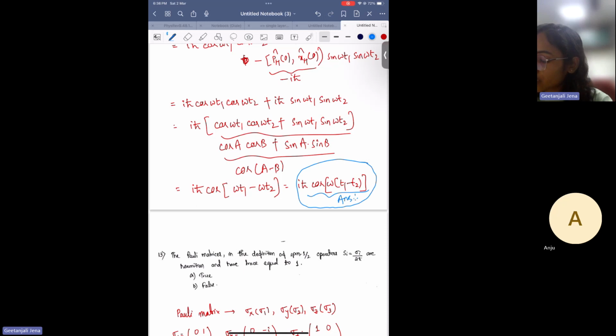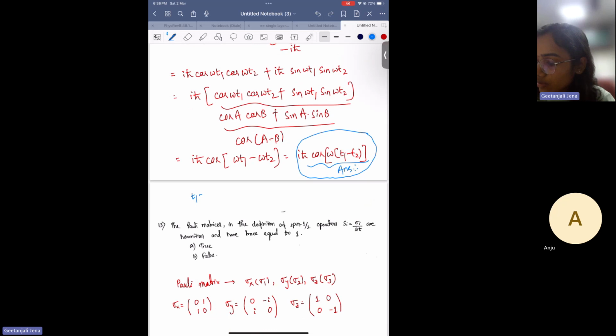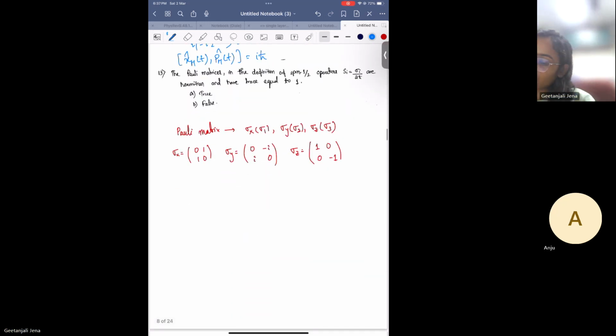Now, if you see in this expression, if t1 equal to t2, then it will be cos 0, which is nothing but 1. So that means if you measure this commutation relation at the same time, like t1 equal to t2, then this will be iℏ. Okay, so this is the final answer.